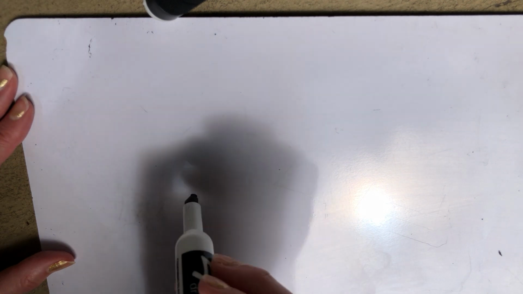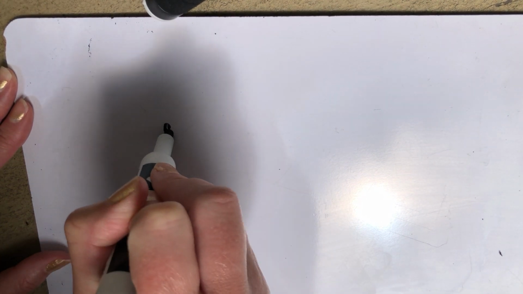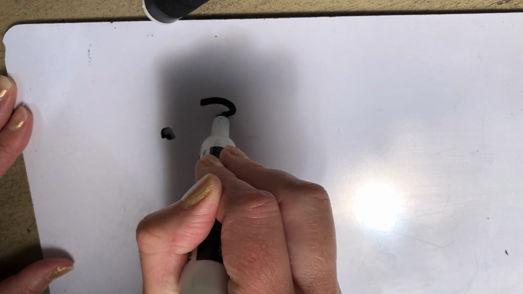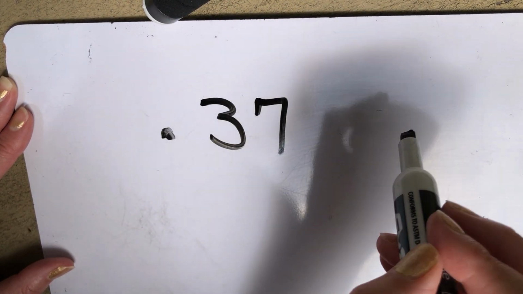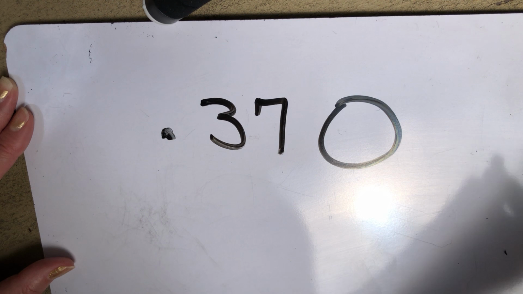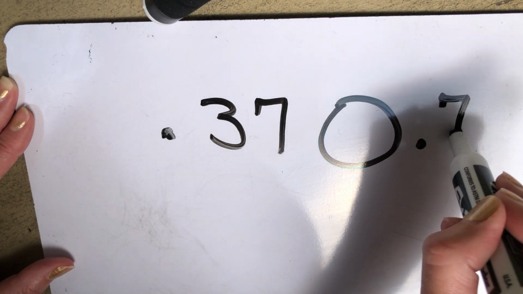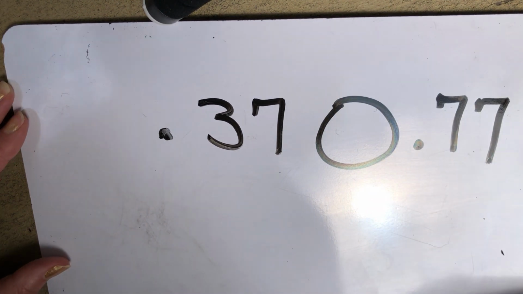Let's compare a little bit. Let's compare some decimals. And we can convert these too. What if we had 37/100ths and 77/100ths?